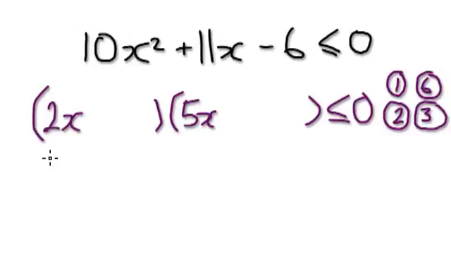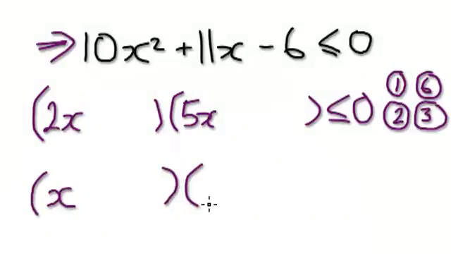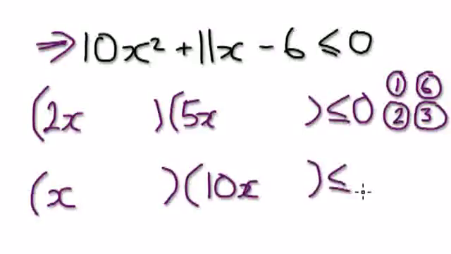Now, if you don't understand what I'm doing, I've done a whole section on this, so scroll back and watch. And then how else could I create a 10x squared? I could use a 1 and a 10. Now it's just a matter of guesswork.